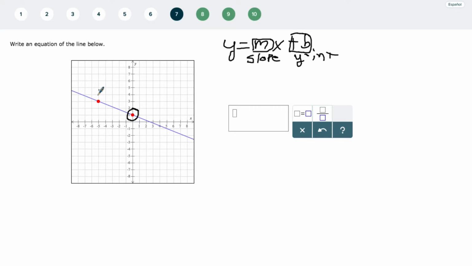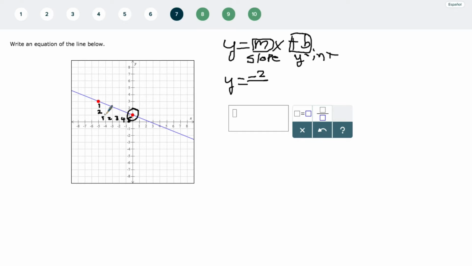From this point, I go down 1, 2, and then over 1, 2, 3, 4, 5. So my equation is going to be y equals my slope. We said I go down 2, over, and how far did I go over from this point?